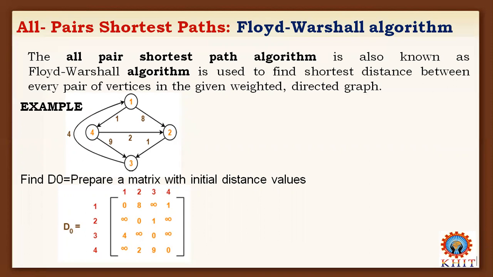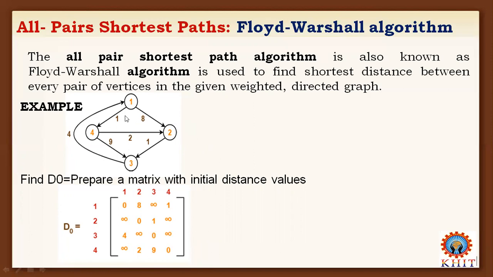So here the first step is to convert the graph distance values into a matrix form. You need to prepare a matrix based on the weights from the given graph.